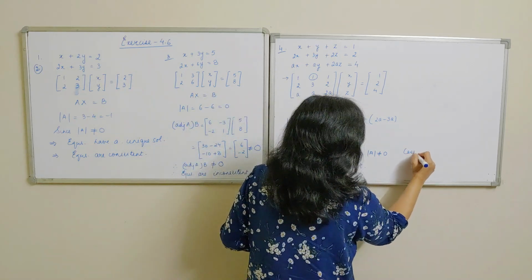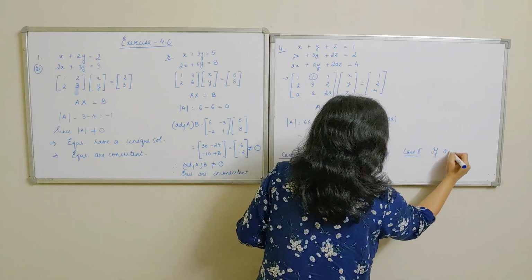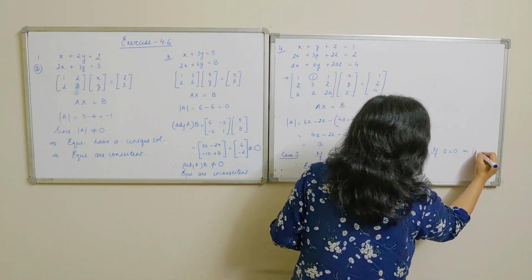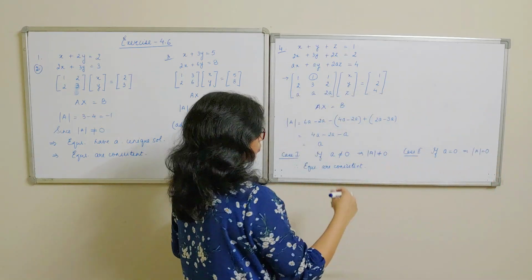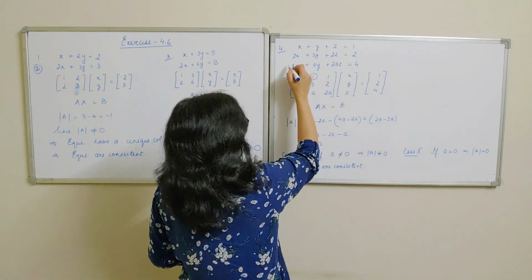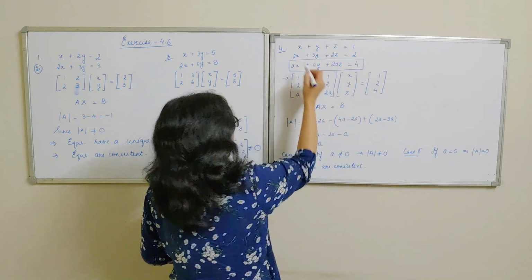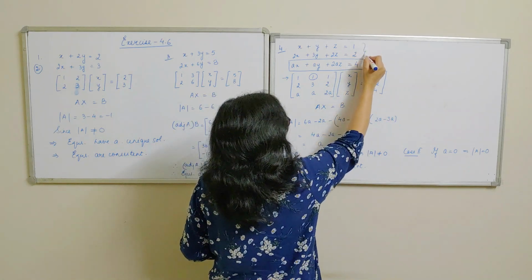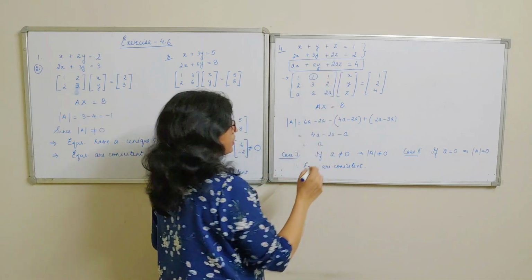Case 2, if a is equal to 0, that means determinant A is 0. Now if determinant A is 0, let us see what happens. Look into the third equation. If a is 0, that means the third equation does not exist. What are we left with? Only 2 equations. 2 equations have got 3 unknowns.